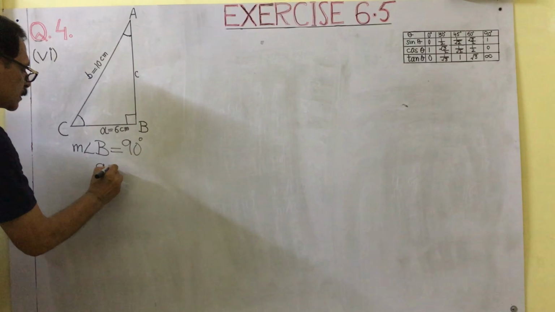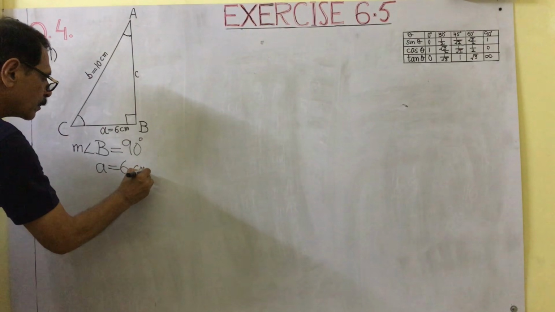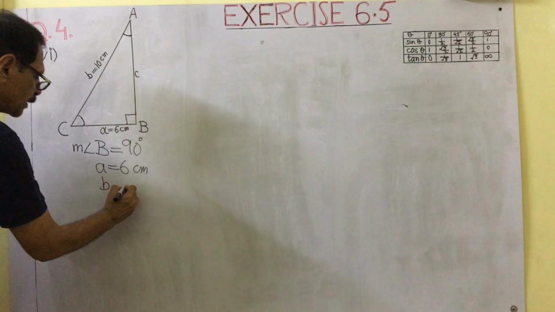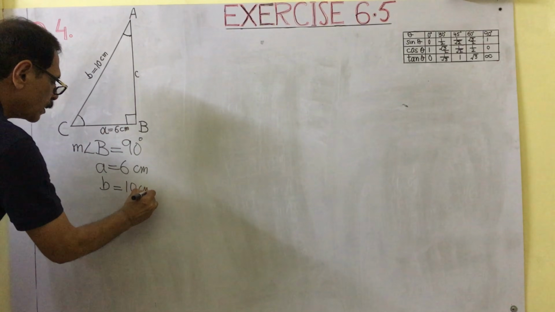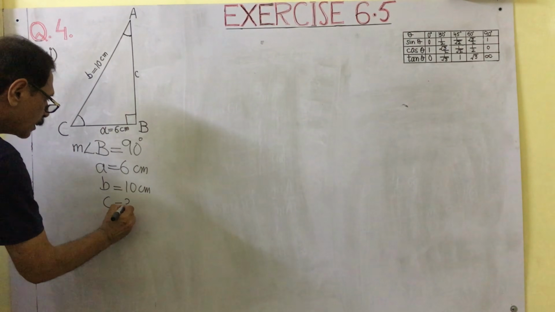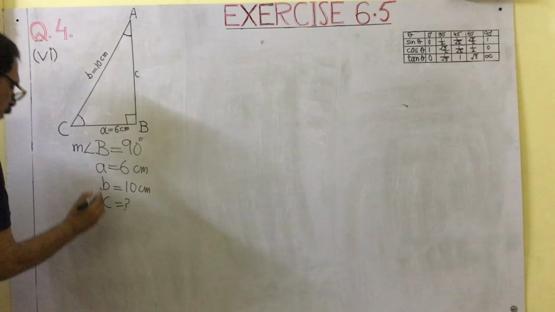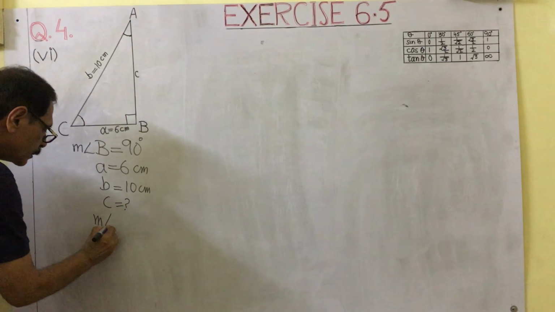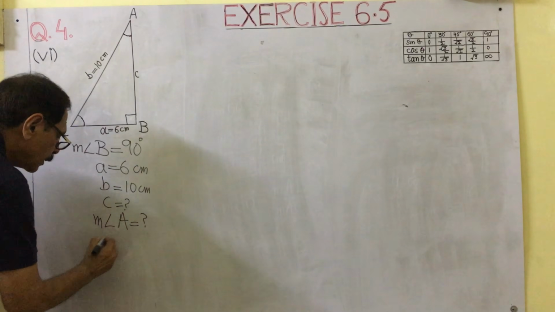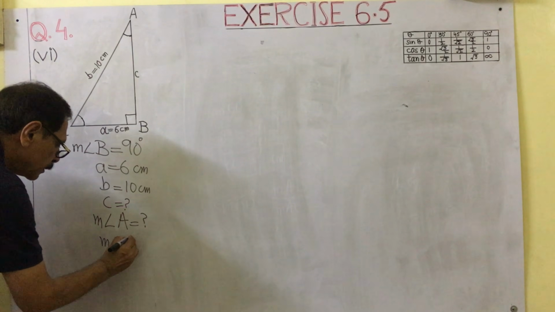A is 6 centimeters. B is 10 centimeters. What we have to find out is C, angle A and angle C.